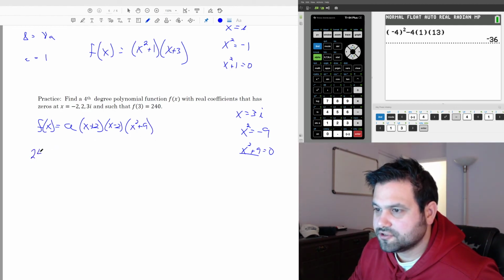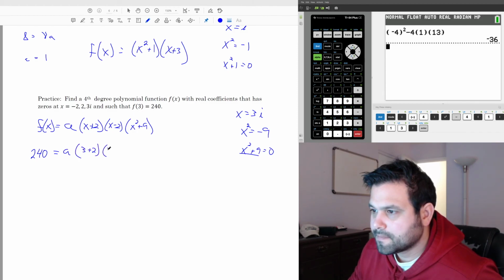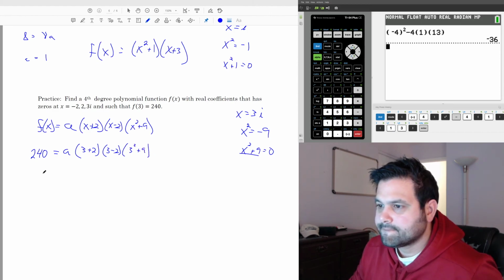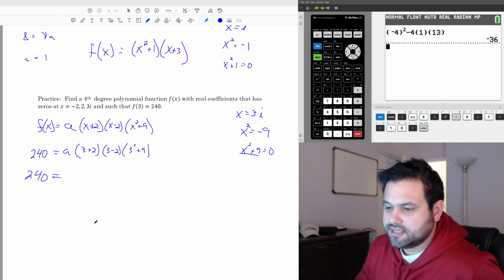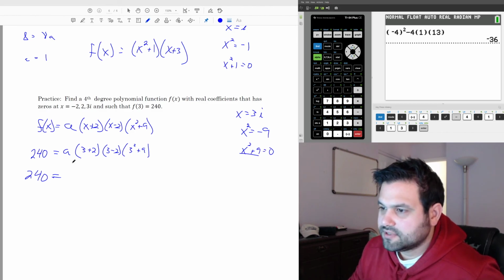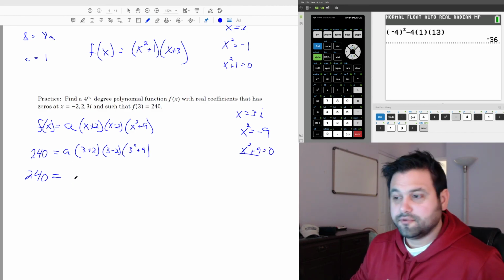So now we put 240 equals a times, I'm plugging 3 in. And so 240 equals, let's see, that would be 5 times 1 times 18. So whatever 5 times 18 is, 50 and 40, 90?